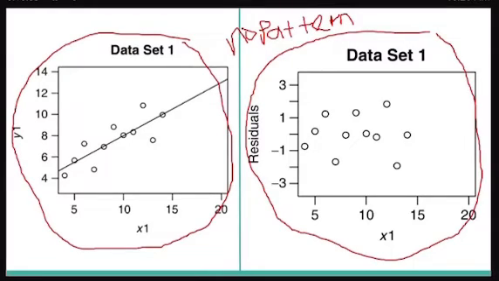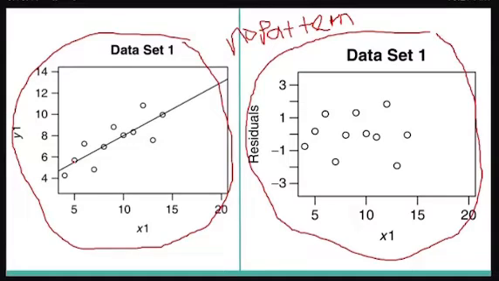It means a straight line relationship exists. That's what it means. So residual plot is one of the diagnostic plots in statistical analysis. We use residual plot to investigate for linearity, to see whether a straight line exists. And for a relationship to be linear, for a relationship to be a straight line, the residual plot should show no pattern. Does that make sense? That is why the scatter plot should show a straight line.